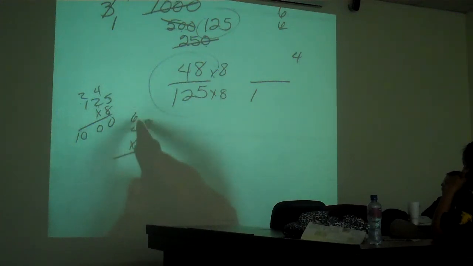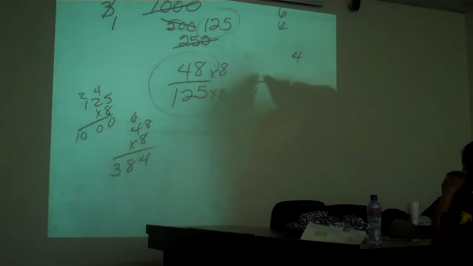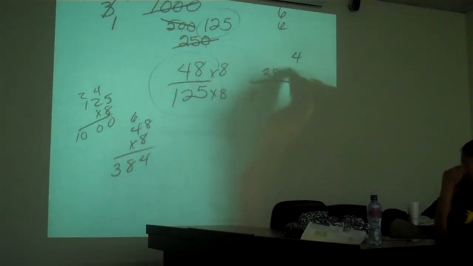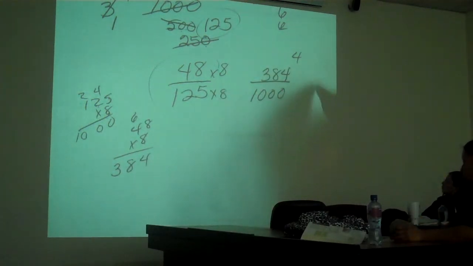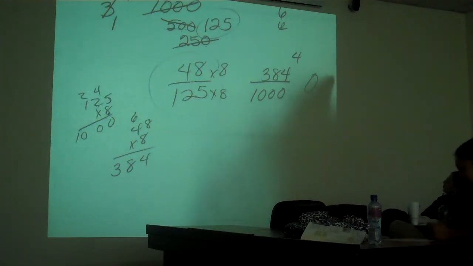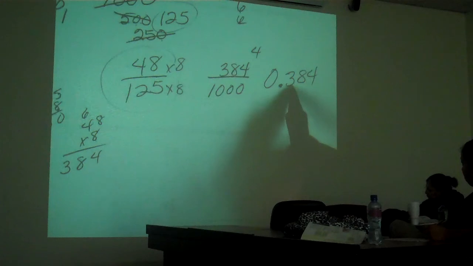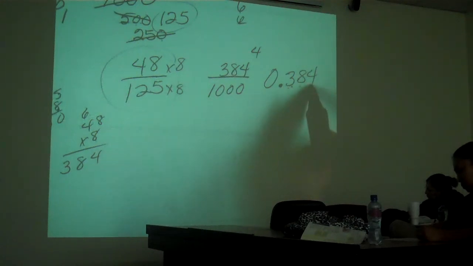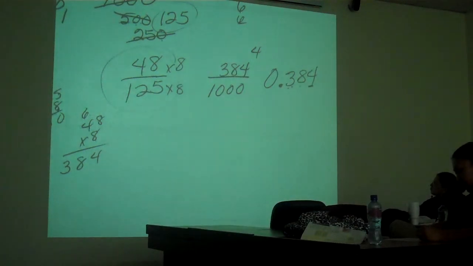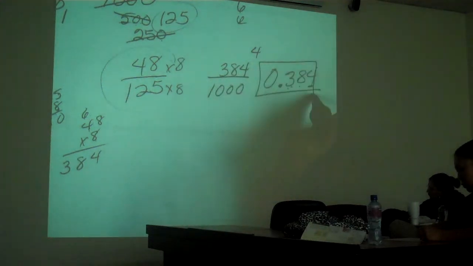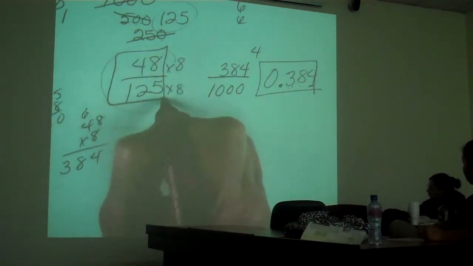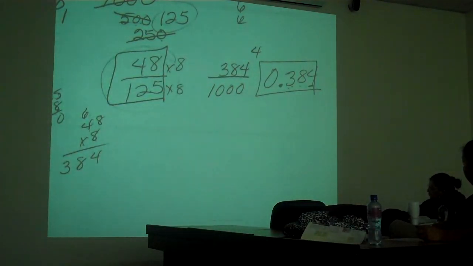There's 32 plus 6. 38. So 384 1,000ths. Is that going to be enough, or do we need tenths, hundredths, thousandths? That's good. It's in the thousandths place. So this is the decimal of it, and this is the reduced fraction right there.